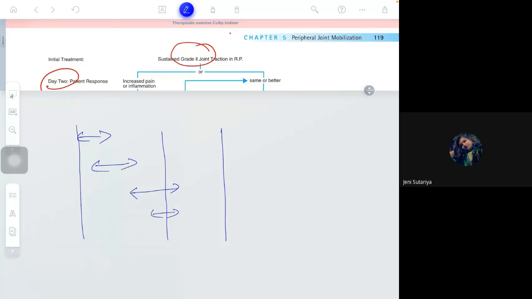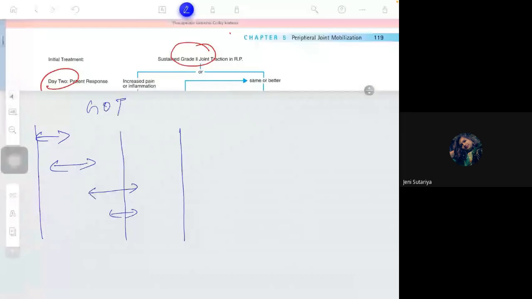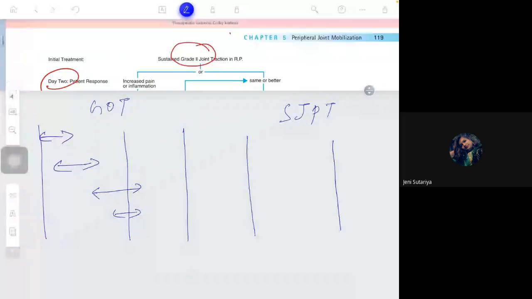This is the graded oscillatory technique. And next is the sustained translative joint play technique. What is this? Grade 1, grade 2, and sorry. What is the mistake?